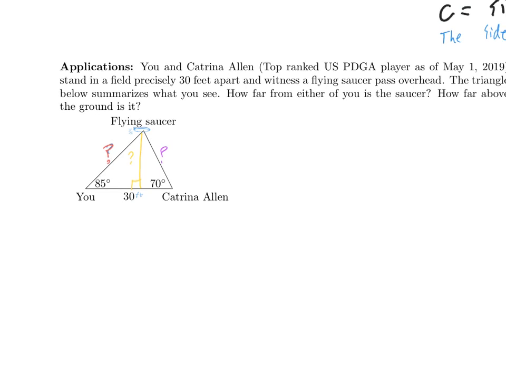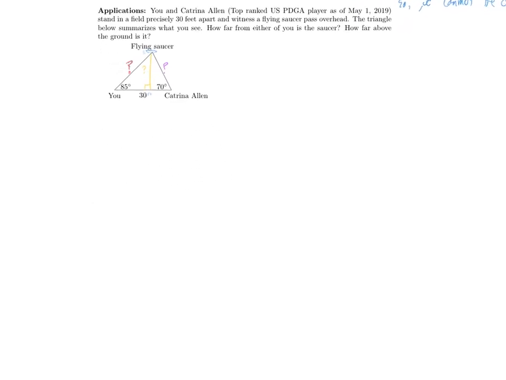That's exactly a situation where you're trying to solve a triangle. The red question mark is the side length of the triangle. You know angle-side-angle for that triangle, so you can use the algorithm that we gave a few moments ago to solve it. Similarly, purple is the side length of the triangle. The yellow line is just the height of that triangle. You should be able to find that using some trigonometry as well.